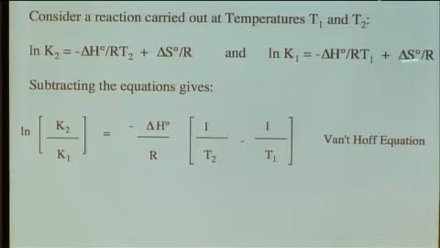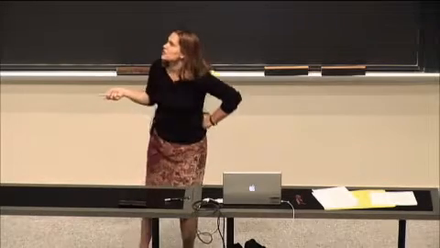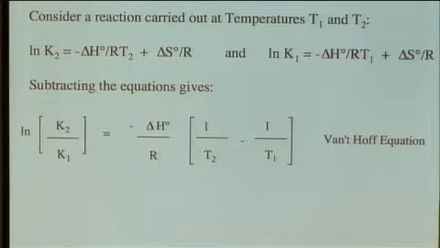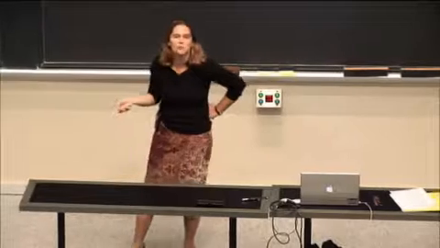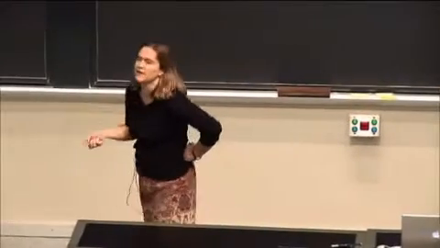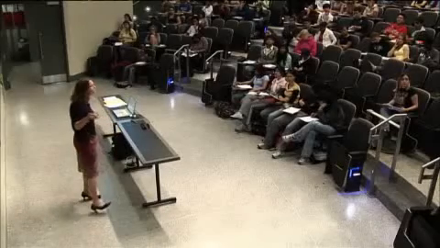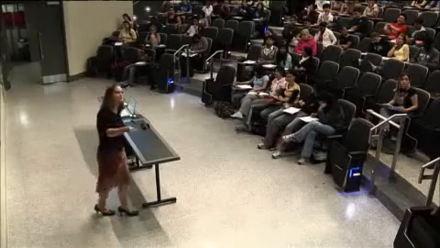And if we subtract these two, delta S is going to cancel out, and we're going to get this equation, which you know is important because it has a name. So this is the Van't Hoff equation. And at some point later in the course, I'll be asking you to come up with this name. So I always get very excited when people can tell me it's a Van't Hoff equation later on. Not that that's on a test, but there are very few equations that have names.